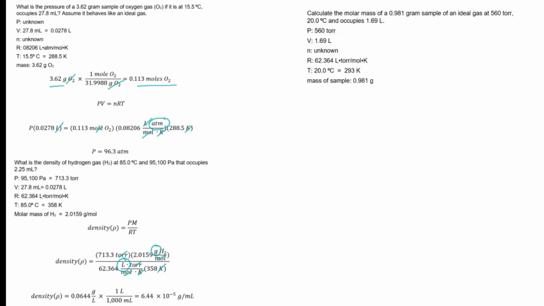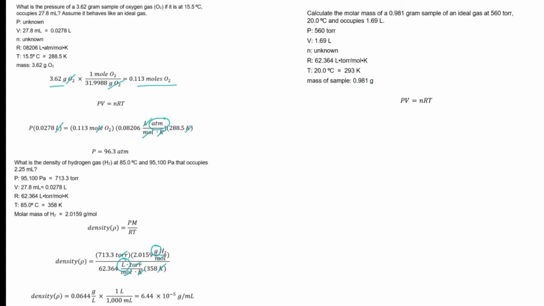We do not know our number of moles, so that is unknown. We always have R. Here is our value for R, and we've got temperature. Looking at the units of R, we already have pressure in torr and volume in liters. We just need to convert to Kelvin, so let's convert our temperature to Kelvin. There we go. And we also know that the mass of our sample is 0.981.